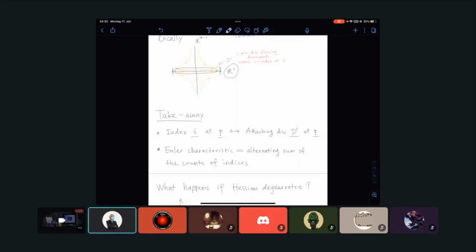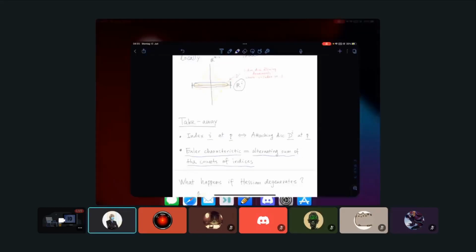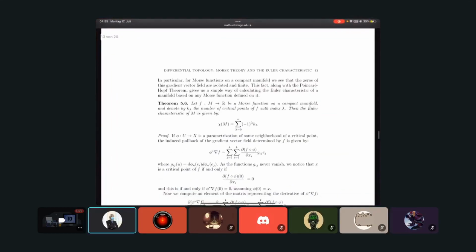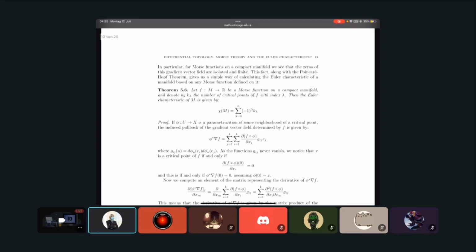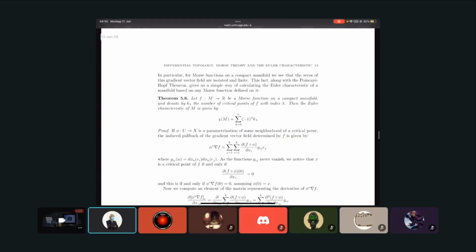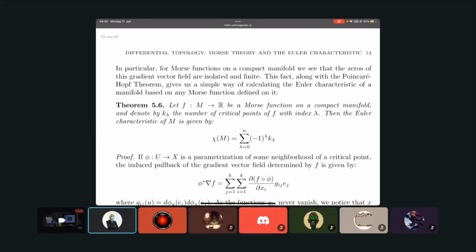If you look at it this way, it also says that the Euler characteristic can be computed by the alternating sum of the counts of different indices. This is something that I will show you in the paper. I will send the link later in the channel, but I just don't want to write it out. Basically, given a Morse function on a manifold, you just count the number of critical points and then do the alternating sum.